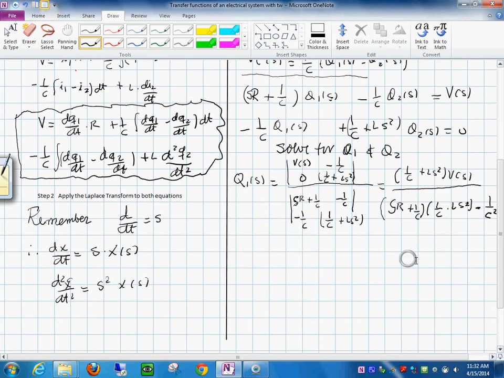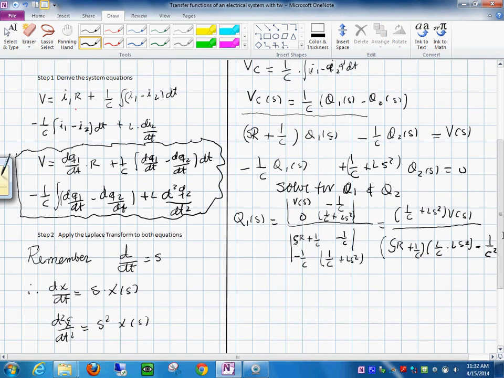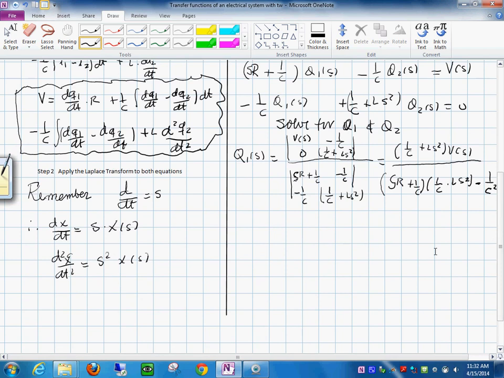And then do we need Q2? Yeah, I think we need Q2 also. Q sub 2 is going to be equal, again, using this rule. In the case of 2, we put SR plus 1 over C, and then minus 1 over C, and in the 2 you put V of S, and then 0.